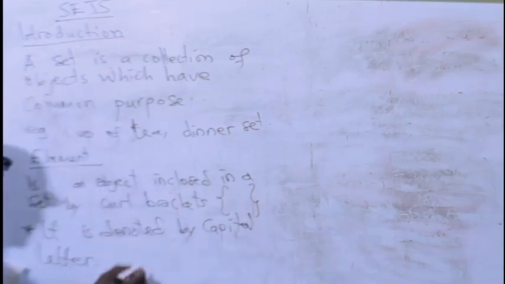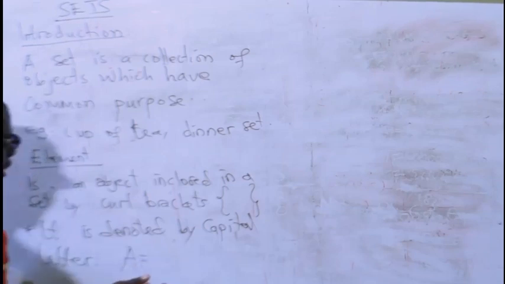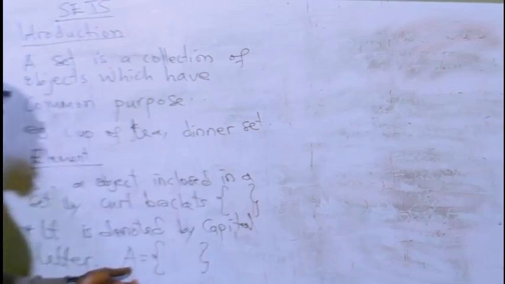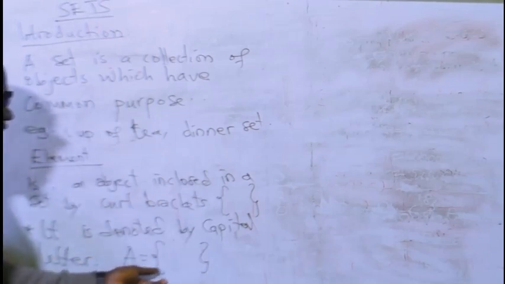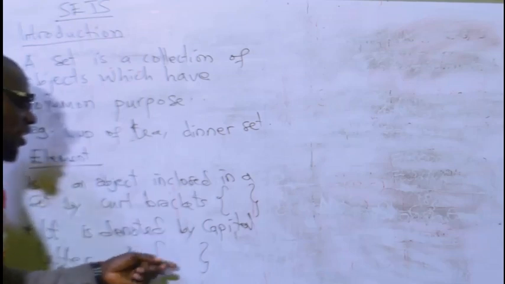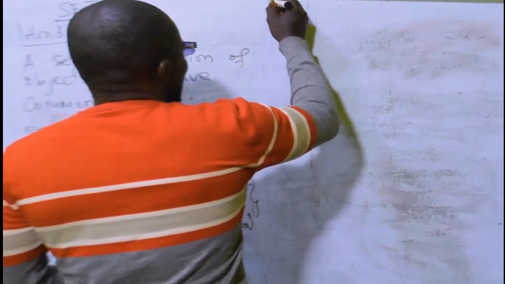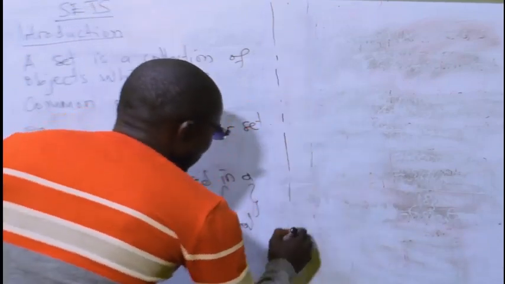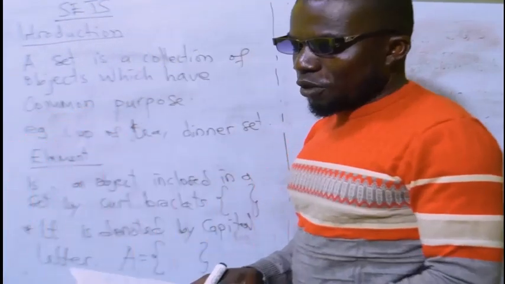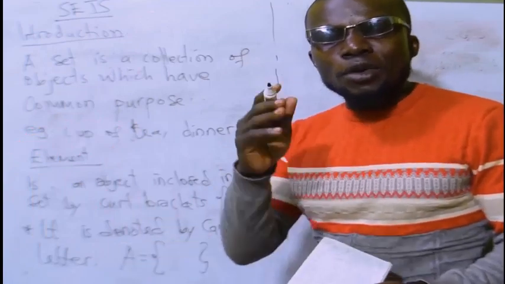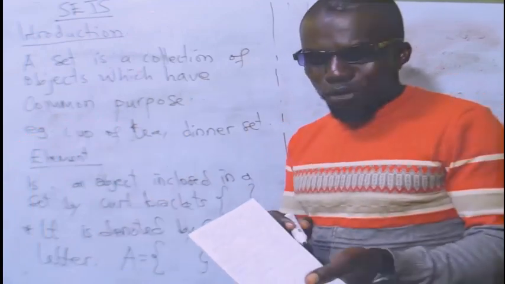For instance, we can say set A. Then next is the curly bracket. Inside the curly brackets there will be the elements or members. I think it is very simple to understand because you have prior knowledge about it from Form 2.